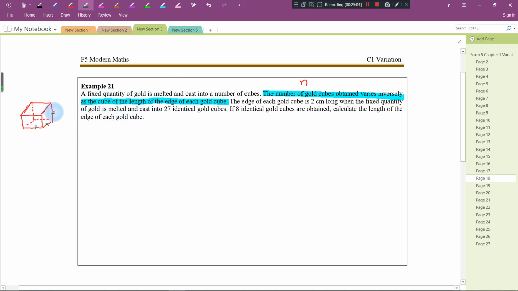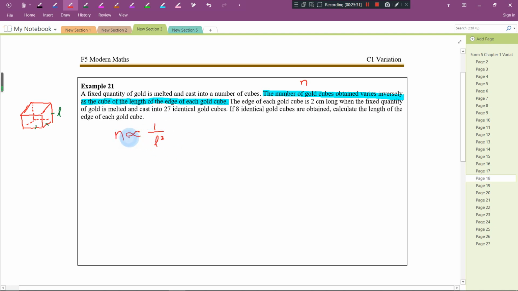So I just let the length of the edge of each gold cube be L. Let me go back to this sentence. The number of gold cubes varies inversely. Still remember what I told you just now? When you see varies inversely, 1 over, as the cube of this.